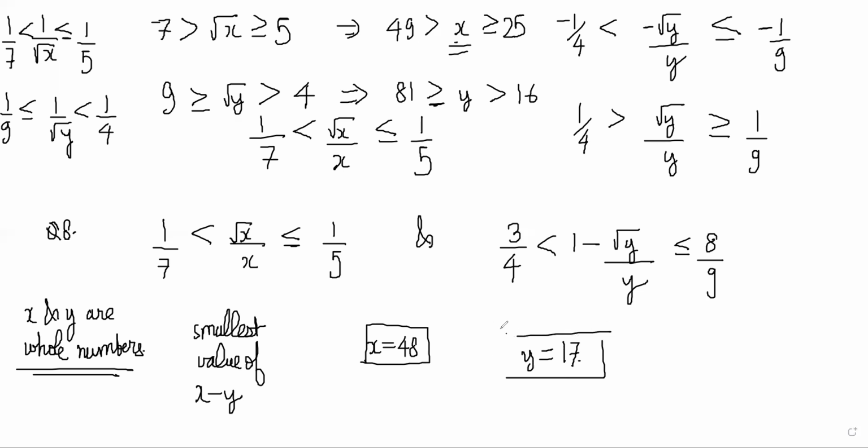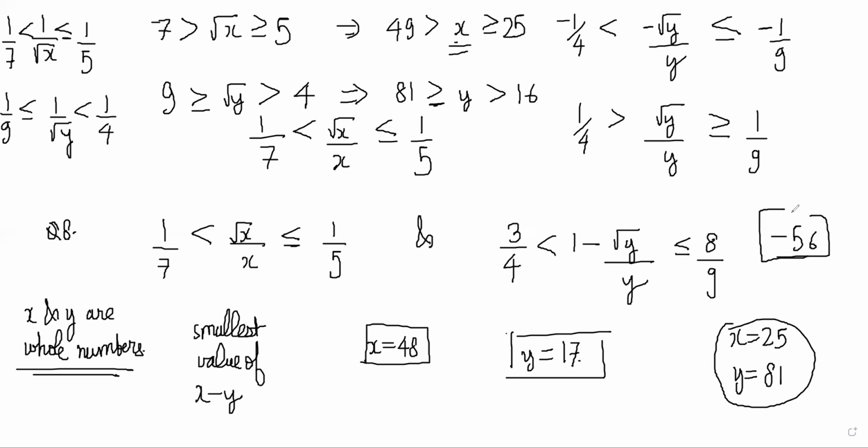So we'll take x equal to 25 and y equal to 81. So the smallest value of x minus y will be minus 56. If you were looking for the largest value of x minus y, you would get 48 minus 17, which is 31. So 31 is the largest value and minus 56 is the smallest value.